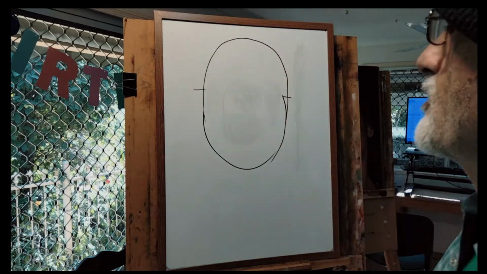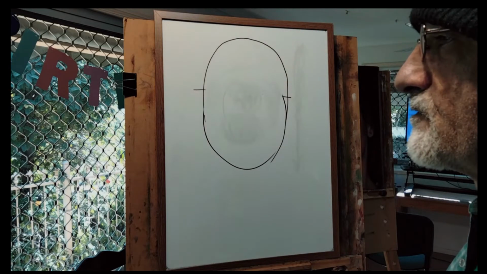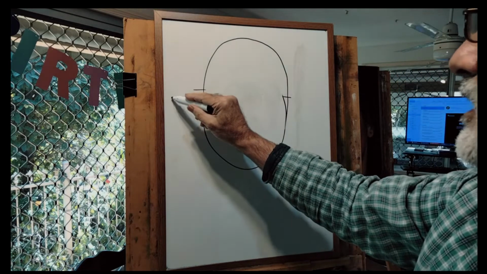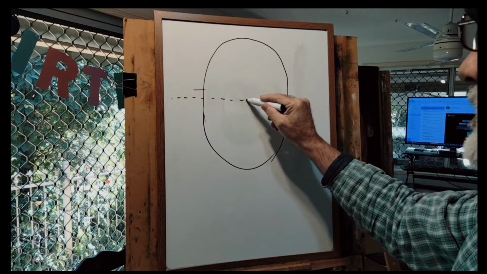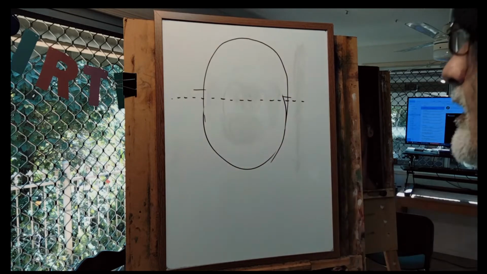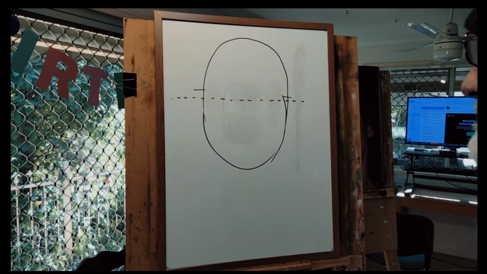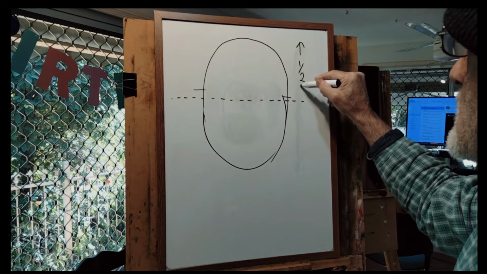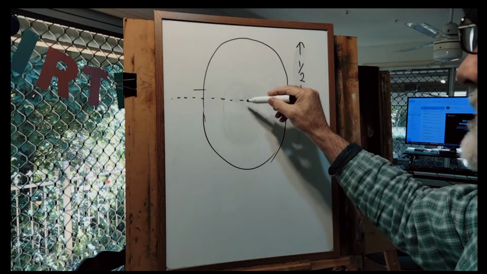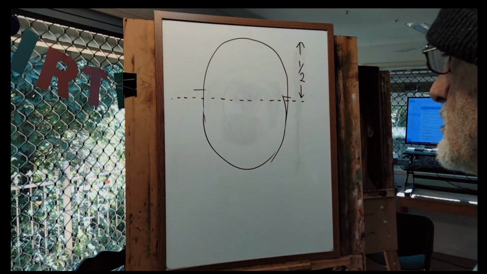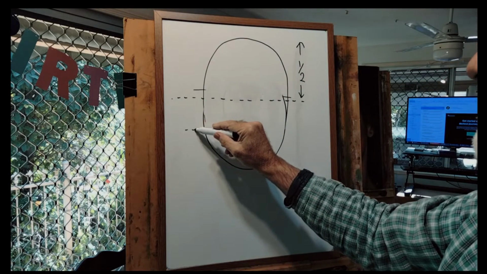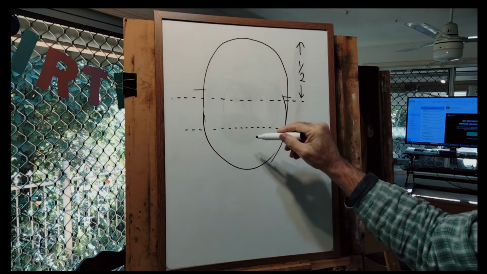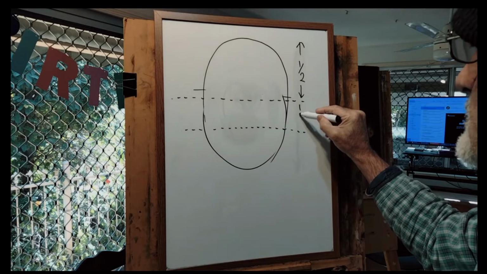So this little demonstration is all about where those features should be in reality. So typically the eyes are in fact halfway down the face. And in that bottom half, typically the bottom of the nose is halfway down that space.